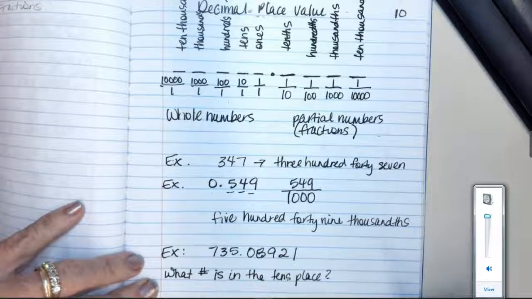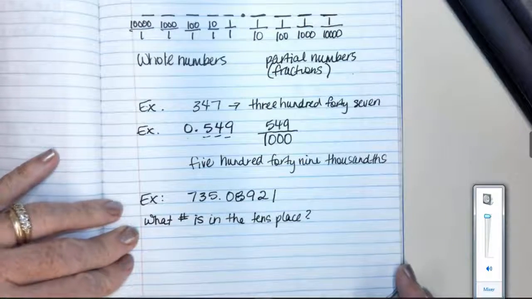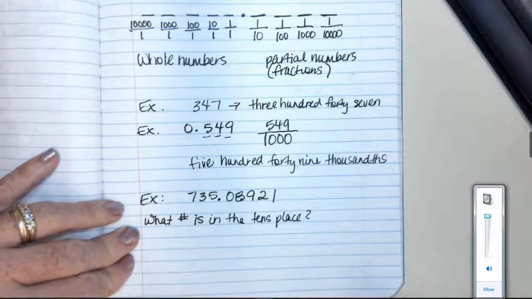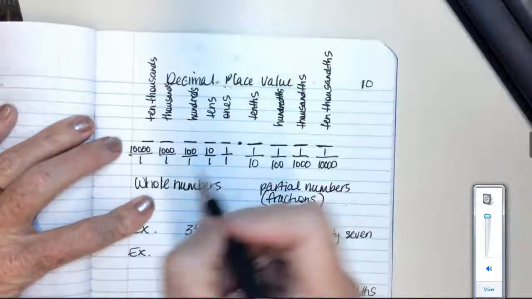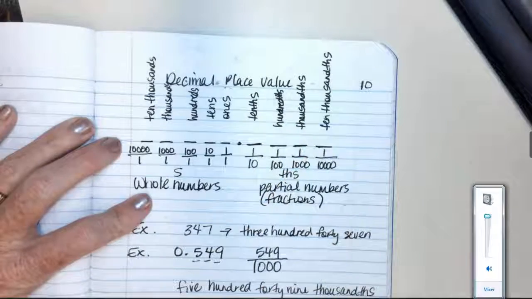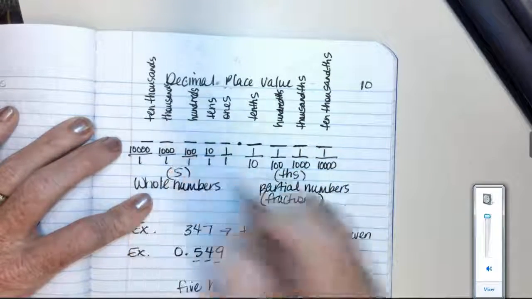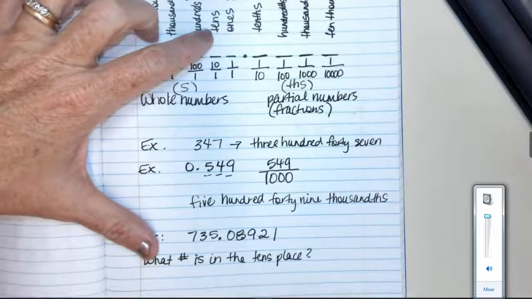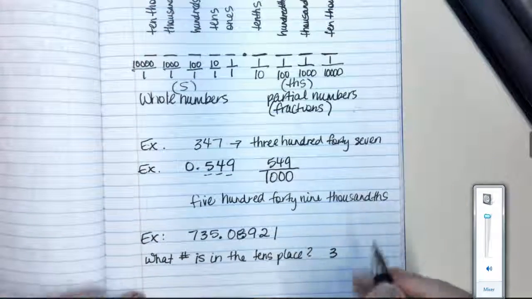Mark, what number is in the tens place? Where's the tens? That's the tens? That's the tenths. Close. What about the tens? So everybody remember that anything that ends with an S is going to be on the left of the decimal. Anything that ends with a THS is going to be on the right of the decimal. So Mark, there's tens right there up there. Where is it down here? The 3. There you go.